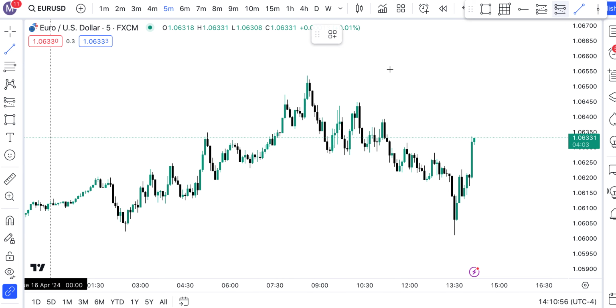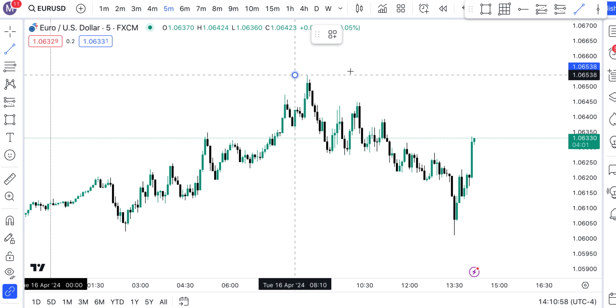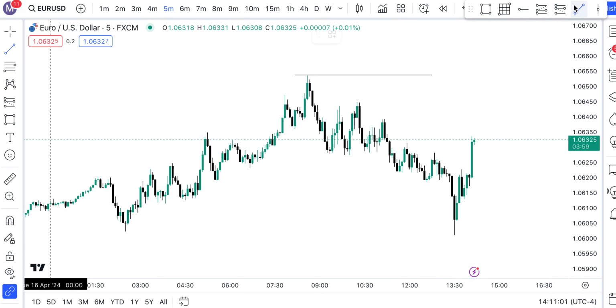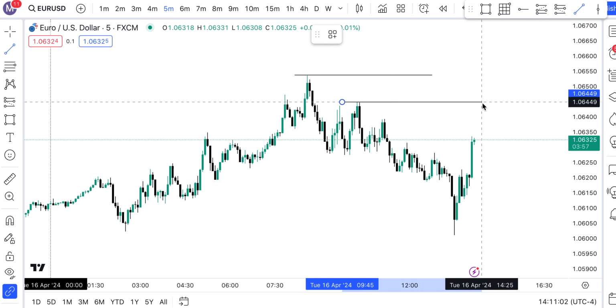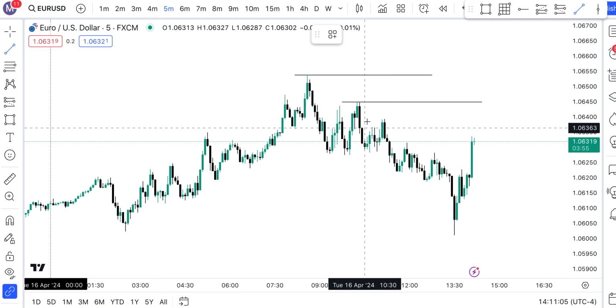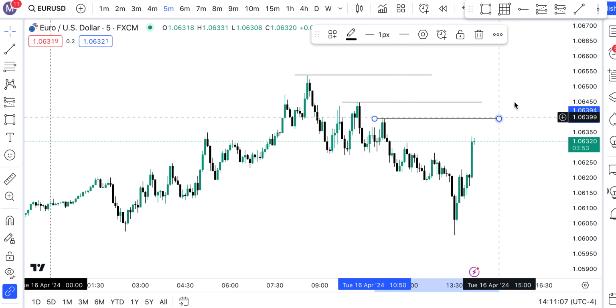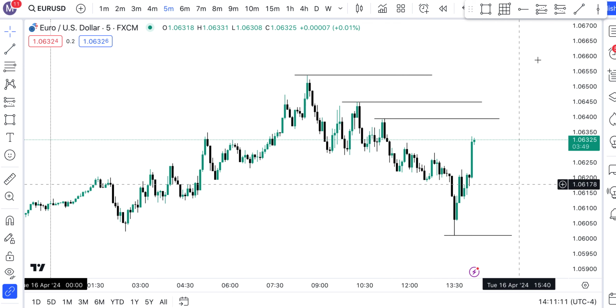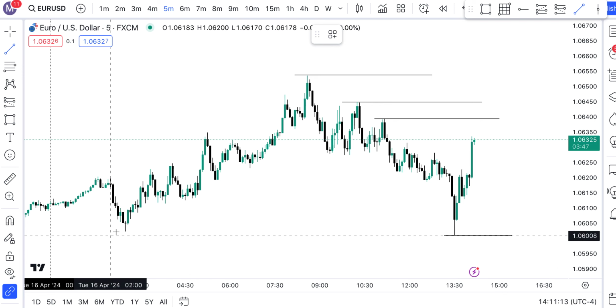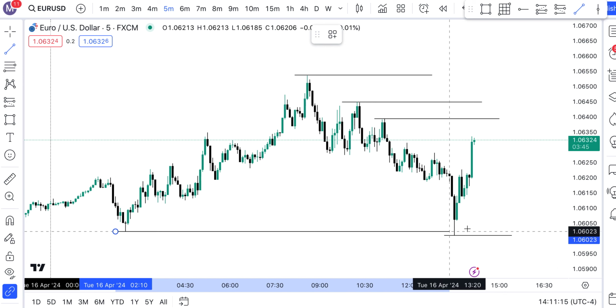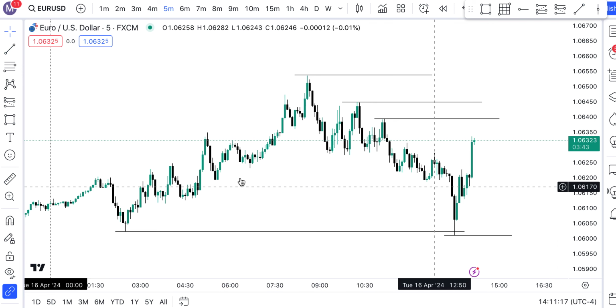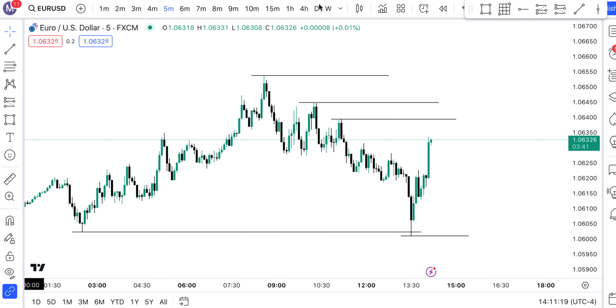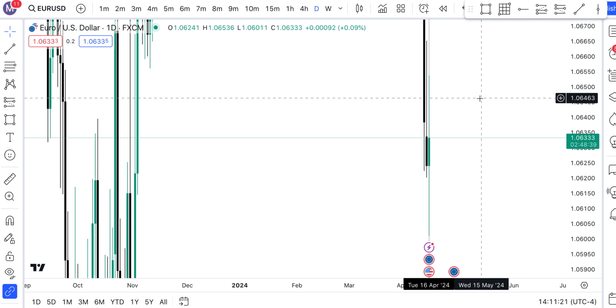Look how many highs and lows we've got. They're everywhere. Here, here, here, down here. We had a high, low here, but that got taken out by this wick here. See, they're everywhere, guys. However, on the daily time frame, there's only two.